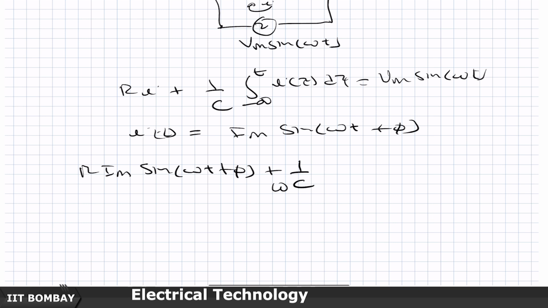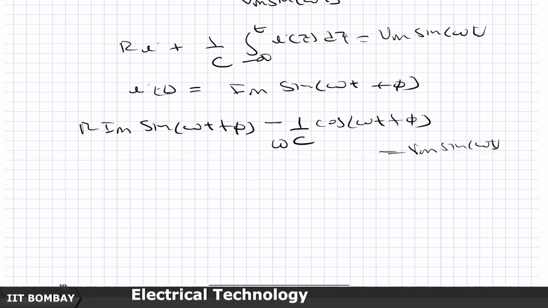When I differentiate sine, it becomes cos. So when I differentiate cos, it becomes minus sine. So when I integrate sine, it will come as minus of cos of omega t plus phi. This will be equal to Vm sine of omega t.